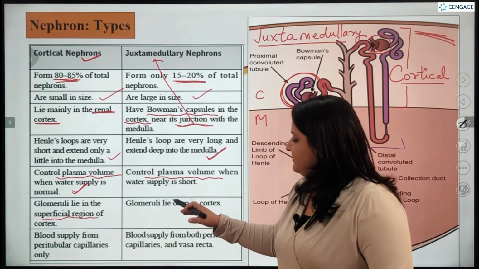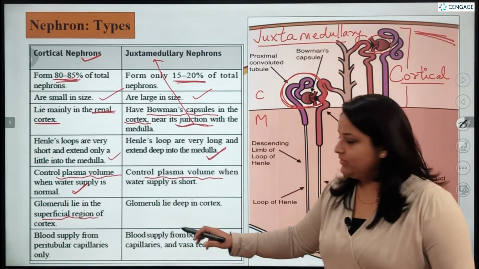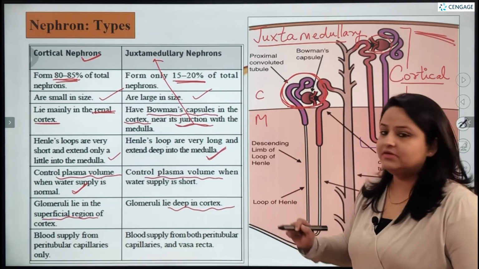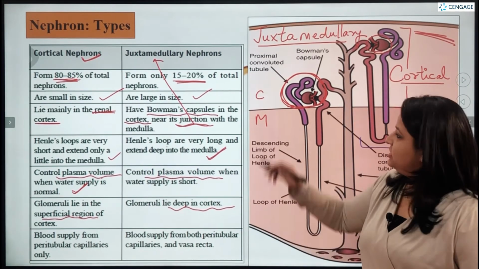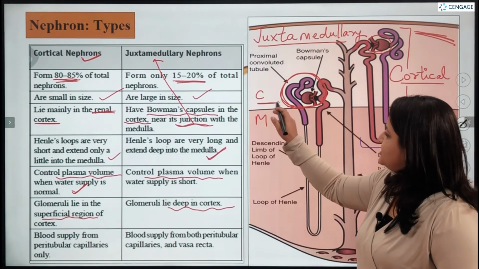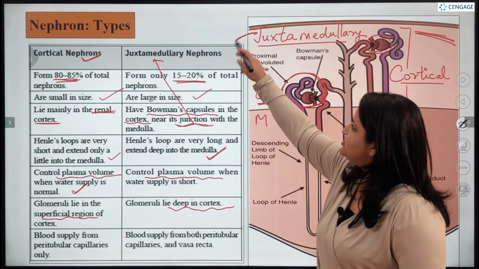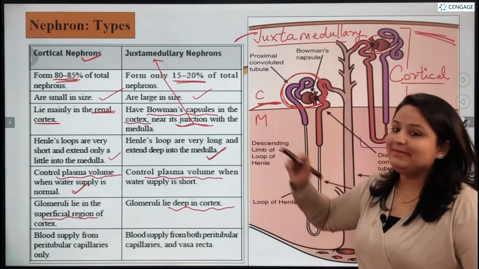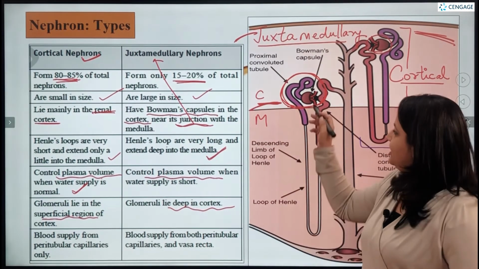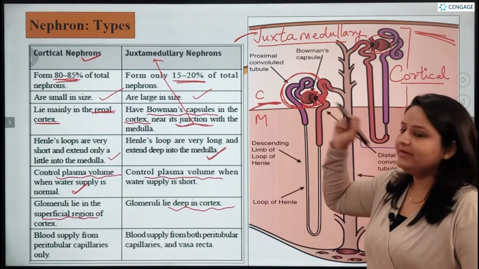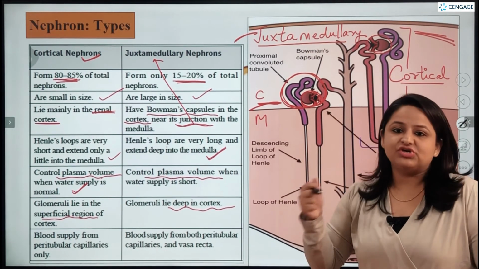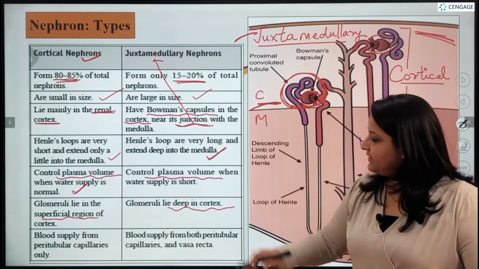Whereas in the juxtamedullary nephron, the glomerulus lies deep seated in the cortical area. So this is the cortex and this portion forms the deeper area of the cortex. The uppermost is superficial and the lowermost is the deeper area of the cortex. So here the glomerular network will be present in the case of juxtamedullary nephrons.